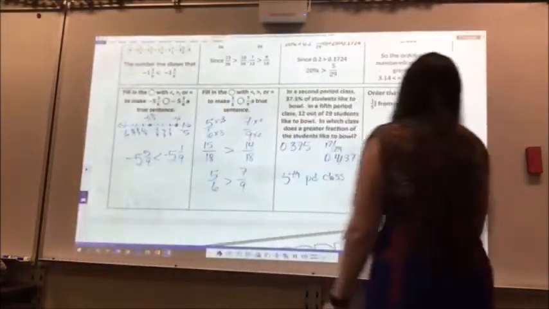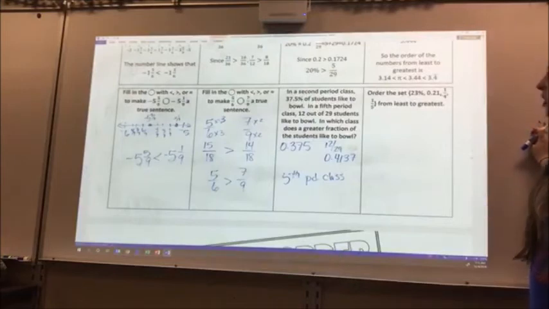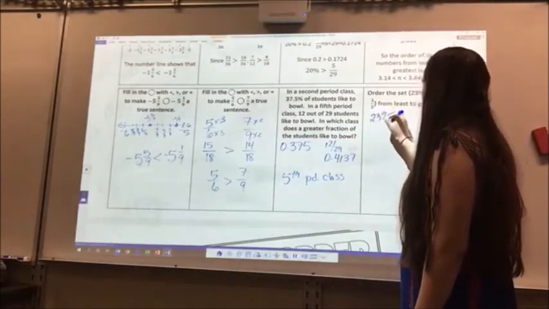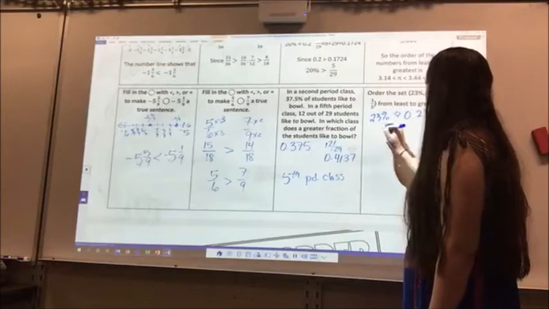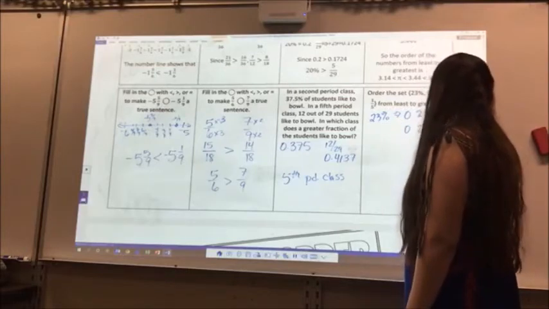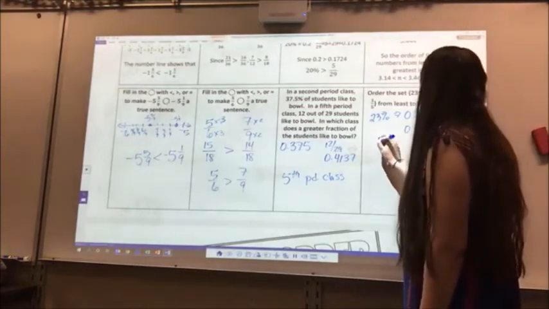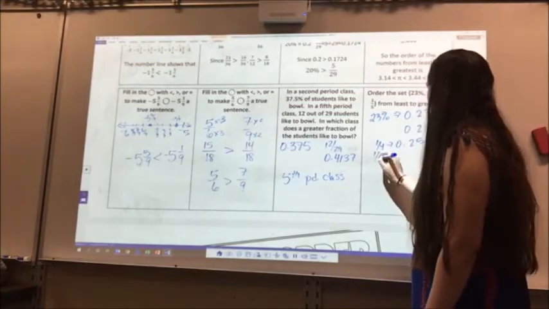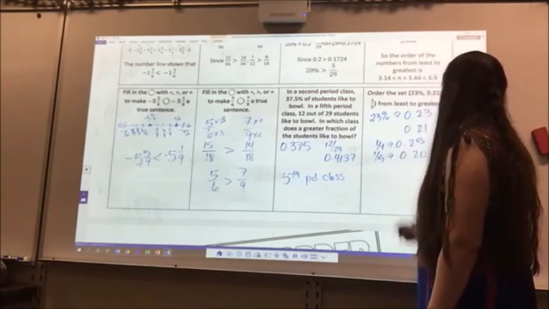Okay. Then I have: order the set 23%, 0.21, 1/4, and 1/5 from least to greatest. I'm going to write them all as decimals. 23% is 0.23. 0.21 is 0.21. 1/4 is 0.25, and 1/5 is 0.20, or 0.2.